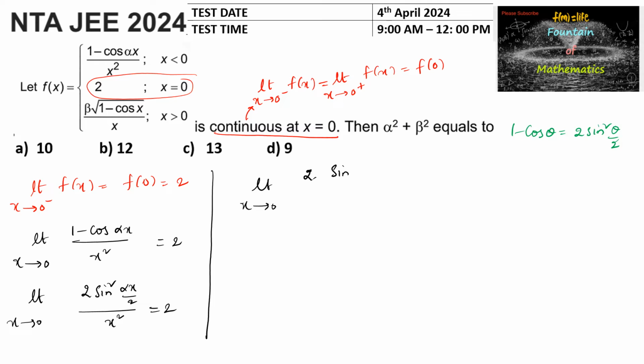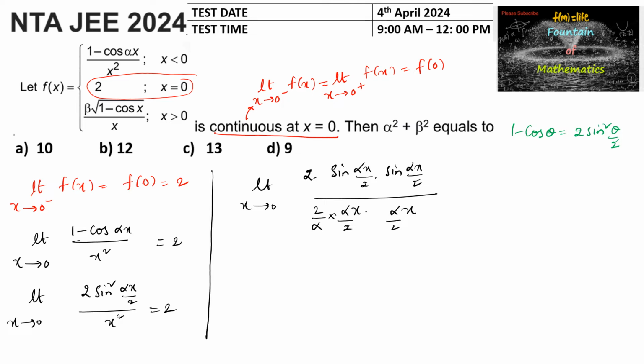2 times sine (alpha x upon 2) into sine (alpha x upon 2), and here we can write x square as x into x, and here let us multiply and divide with alpha by 2, alpha by 2.